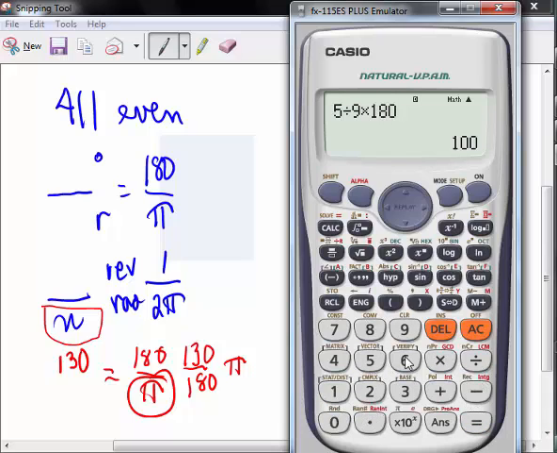And number 40, 6 divided by 7 times 180 is, we would say 154.3 because they want it to 1 decimal place. And then 8 divided by 9 times 180. If they come out evenly, of course, we wouldn't change those answers.